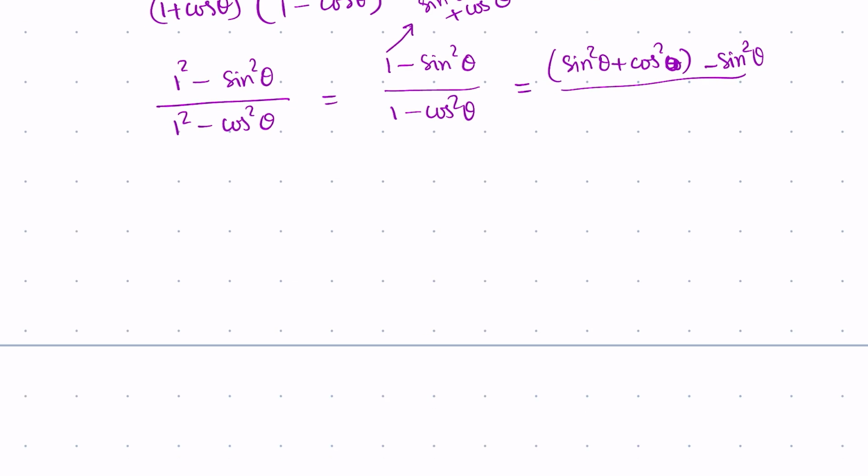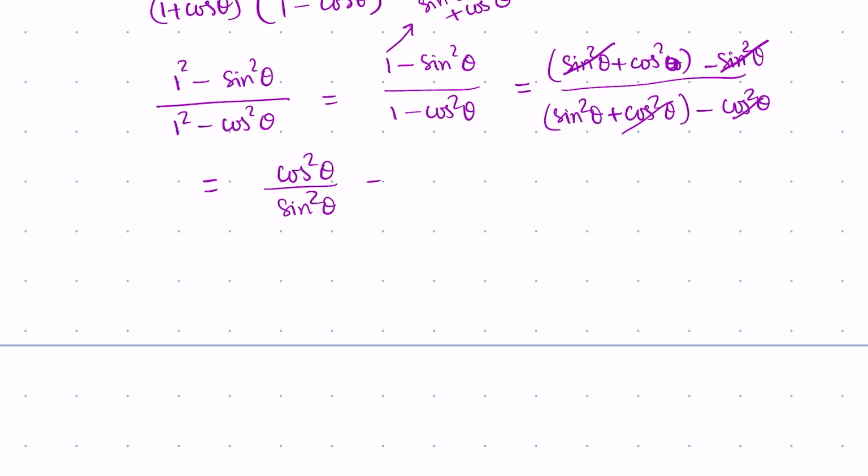Similarly, for the denominator, we'll write it as sine squared theta plus cos squared theta minus cos squared theta. Now, sine squared theta minus sine squared theta is 0. Cos squared theta minus cos squared theta is also 0. So we're left with cos squared theta by sine squared theta, which is equal to cot squared theta.